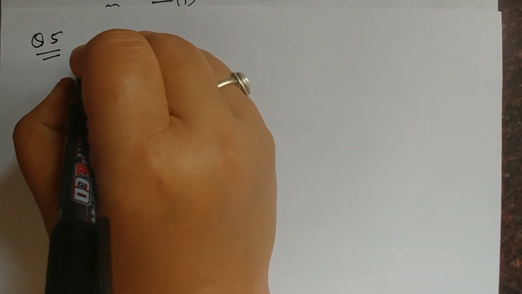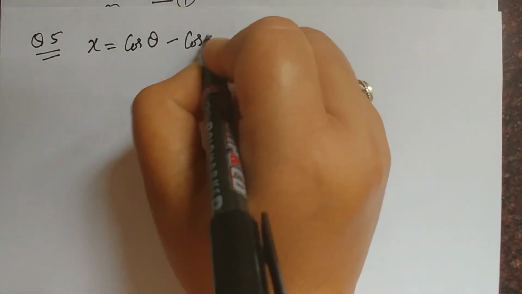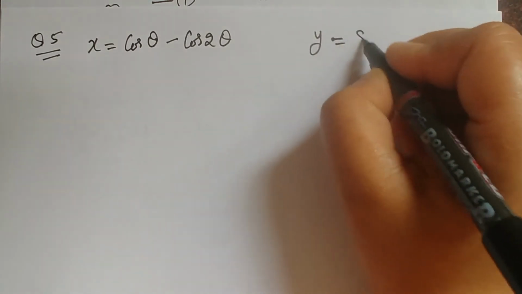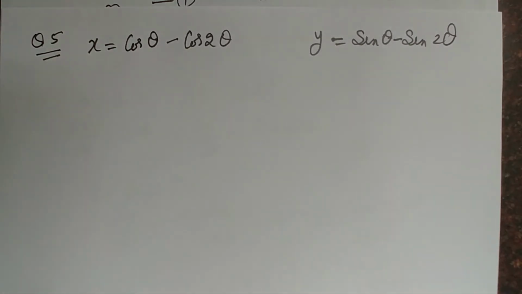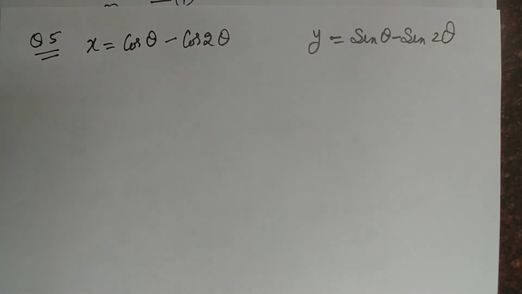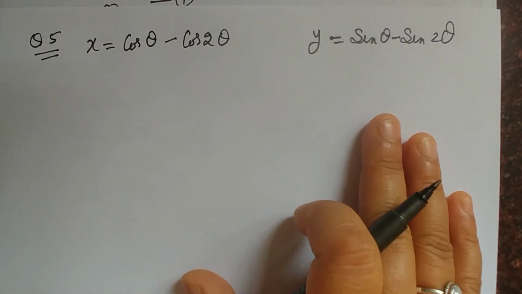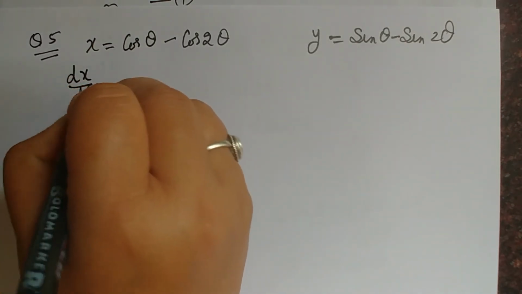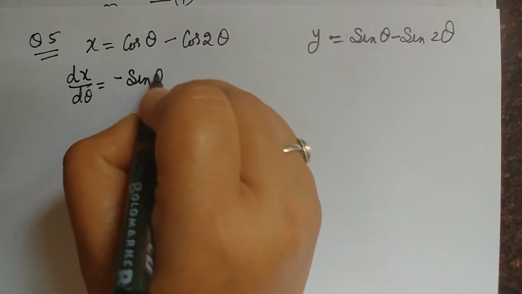x is equal to cos theta minus cos 2 theta and y is equal to sin theta minus sin 2 theta. Okay, now the functions are getting bigger and you have to again differentiate it using parametric forms. Okay, so first again the same thing, dx upon d theta. So the derivative of cos theta is minus sin theta.